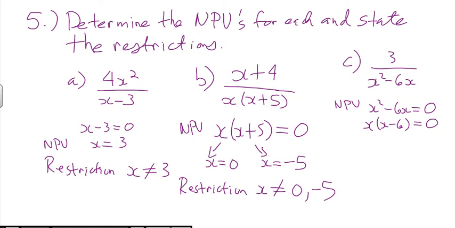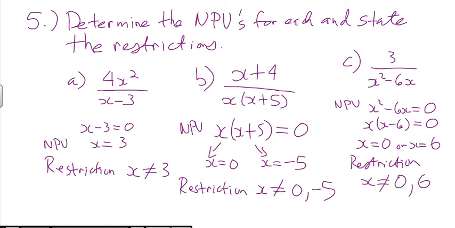And what are the values of x? Okay, x equals 0 or x equals positive 6. I'm not going to show huge details on this. If x is 0, what value of x makes that 0? 6. 6 minus 6 is 0. What are the restrictions? X cannot equal 0 or 6. Most of the time we state restrictions, so we look at it, we say, here's a rational expression, state the restrictions, and then do stuff to it. Solve it, add them, multiply them, whatever you're doing. Simplify.